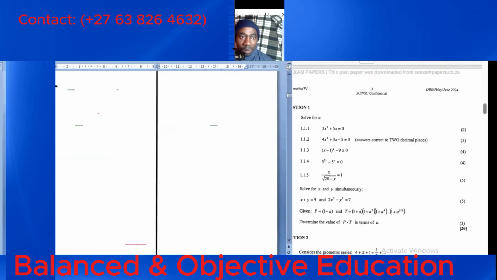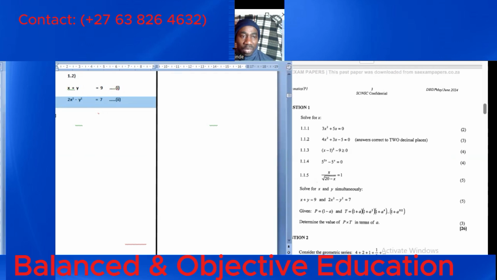Next, question 1.2 is a simultaneous equation. So we have equation 1, x plus y equals 9, and equation 2, 2x squared minus y squared equals 7.